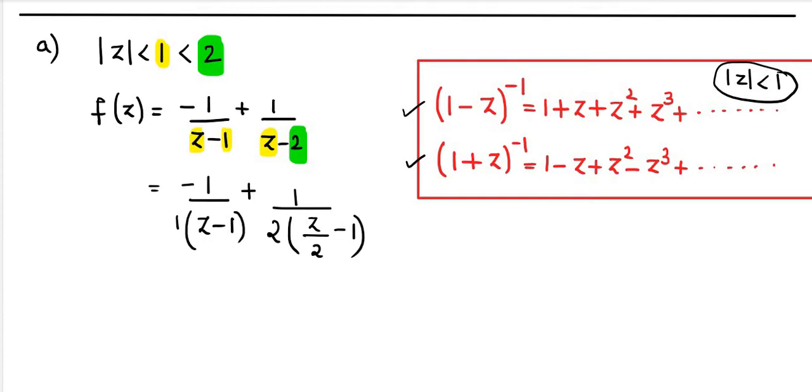See, we have to make sure it should be represented in either one of these forms. Either it should be 1 minus z or it should be 1 plus z. That is, the first term must always be 1. But here in the expansion, our first term is z minus 1.